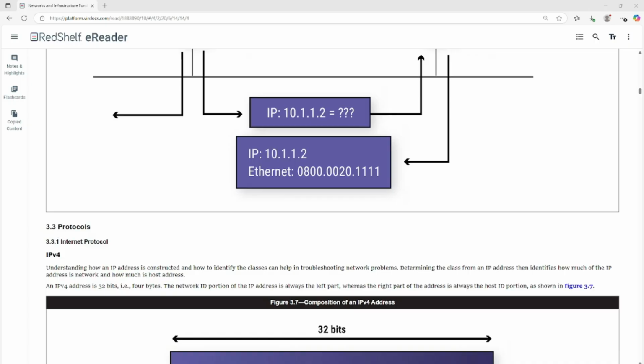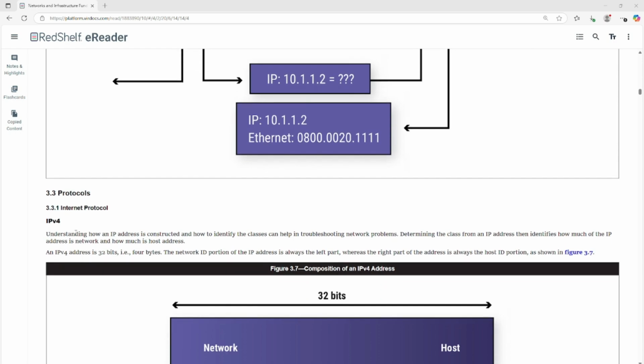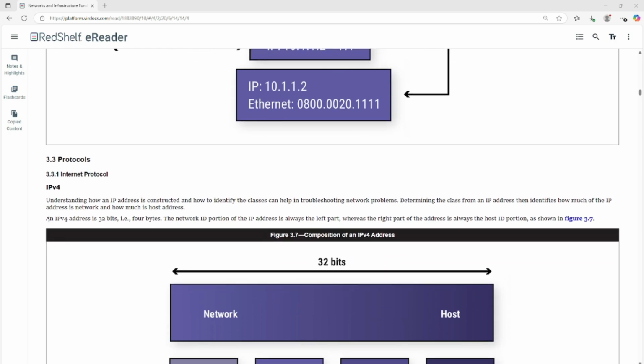Let's look into protocols. IPv4, Internet Protocol version 4. It's one of the most common protocols. We touched a little bit earlier on.